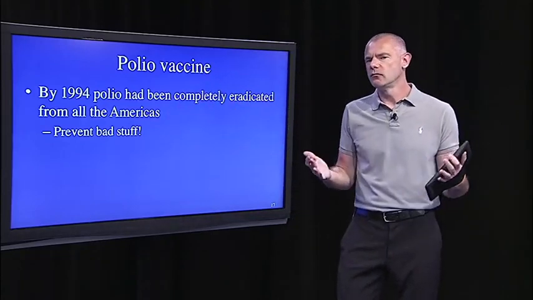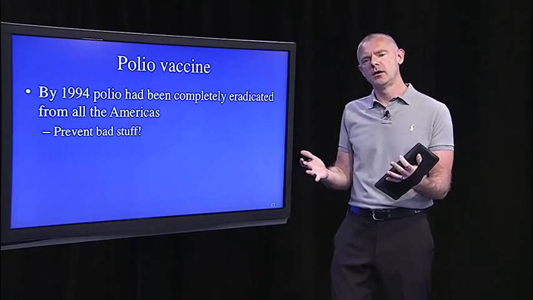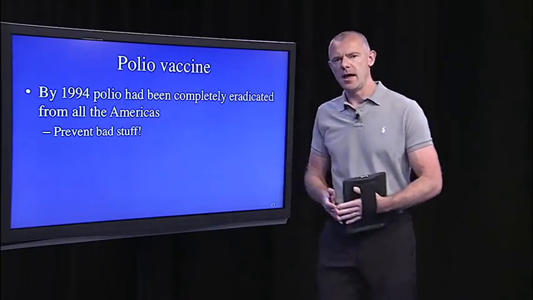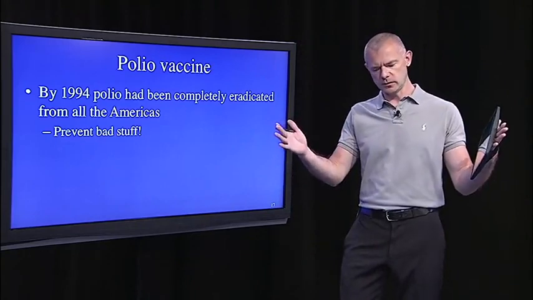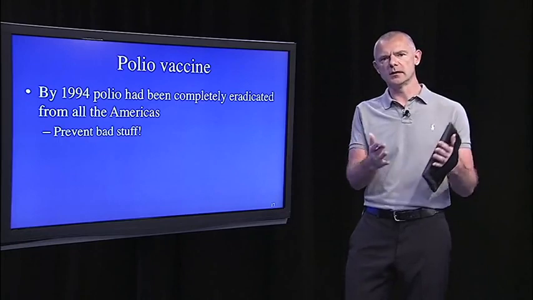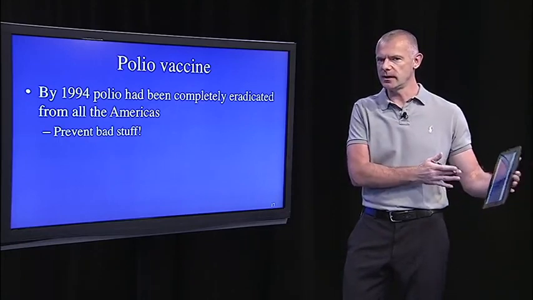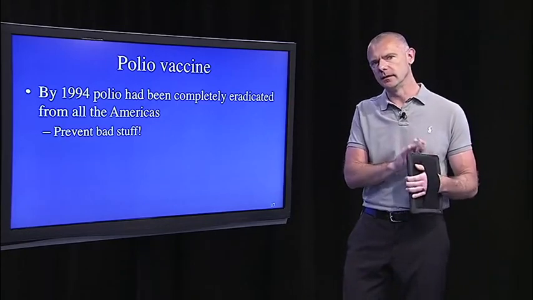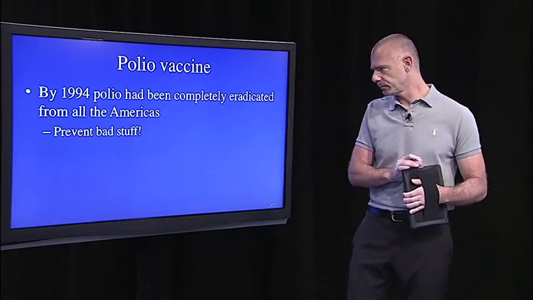By the use of this randomized experiment, we saw that the vaccine was effective, and once parents were convinced that this worked, then parents consented to having their children vaccinated, and an entire disease was eradicated completely from the Americas.